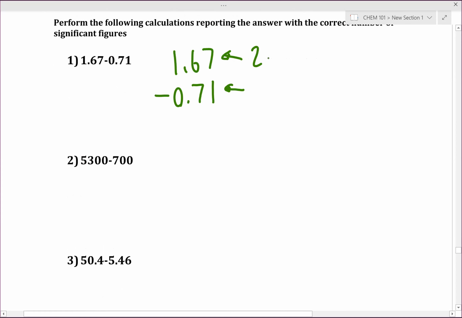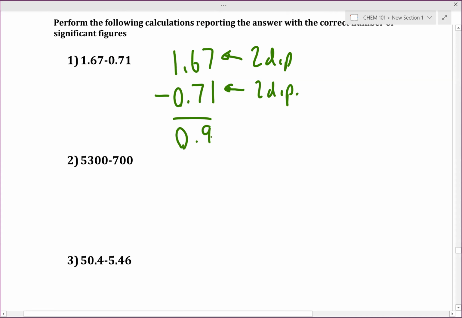Both of these numbers have 2 decimal places. Why do we care about decimal places? We are subtracting numbers, right? So our next step is to punch this into our calculator. So we have 1.67 minus 0.71. And we get, as our final answer, 0.96.